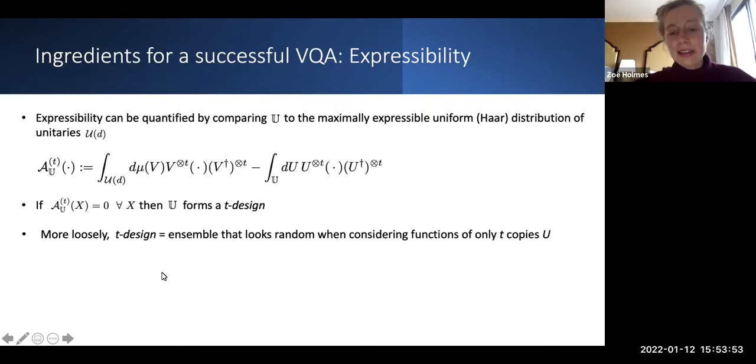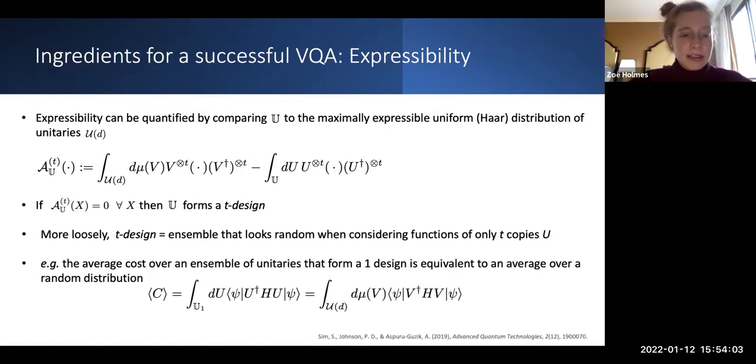More loosely, a t-design is an ensemble that looks random when considering functions of at most t copies of U. For example, the average of the cost I showed you earlier over an ensemble of unitaries that form a one-design is going to be equivalent to an average over the Haar random distribution, because we're just averaging over one copy of U and one copy of U dagger. If it forms a one-design, it agrees with the Haar random distribution if you're only considering functions containing one copy of U.